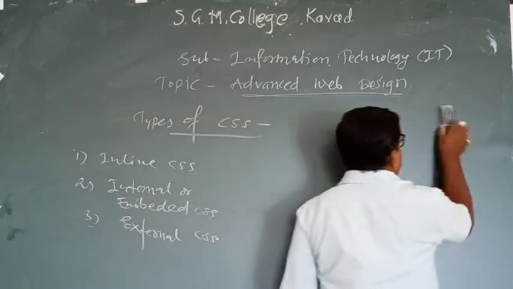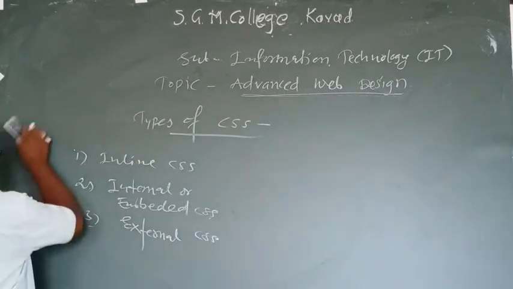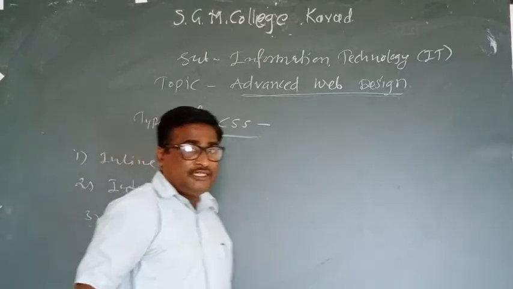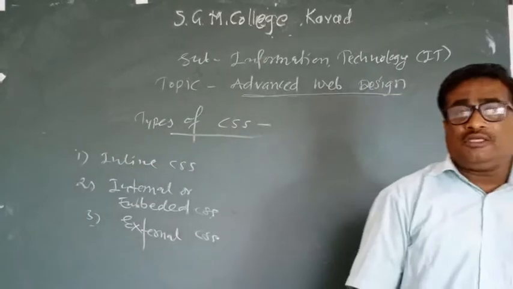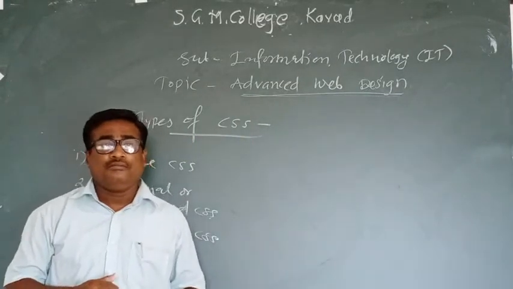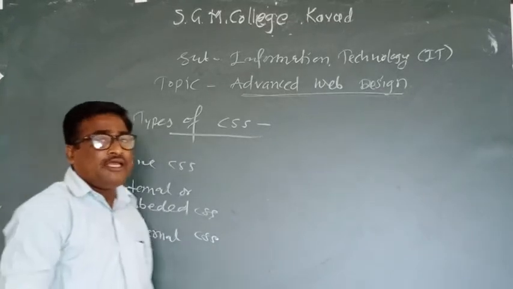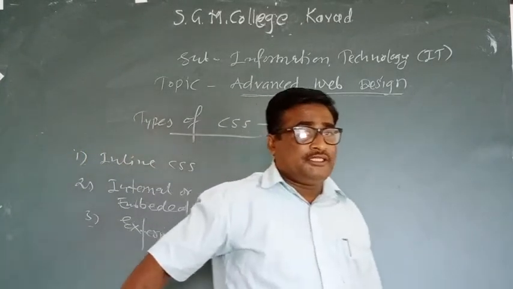Then we have to study first inline CSS. Why is it called inline CSS? Because the CSS is made in the same program or at the same place, therefore it is called inline CSS.